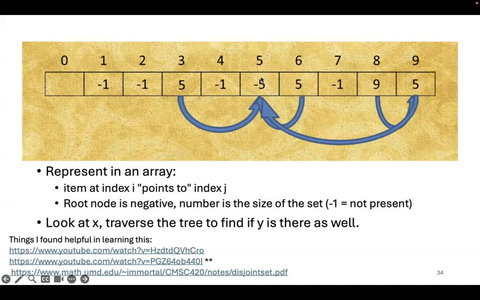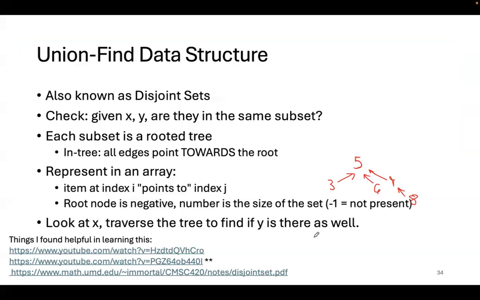So that's part of the tree. So we get something like 5 is the root, 3, 6, and then 9, and then 8 points to 9. So we can have a tree that way. And so it makes it easier to do this checking of are these two things in the same set? And so it's also called the disjoint sets data structure.